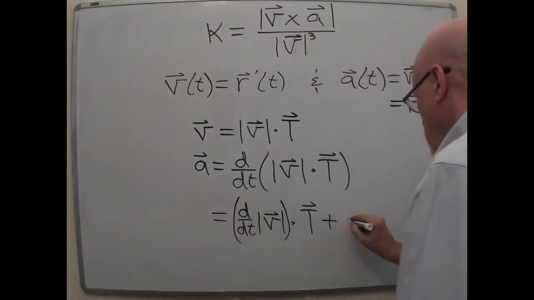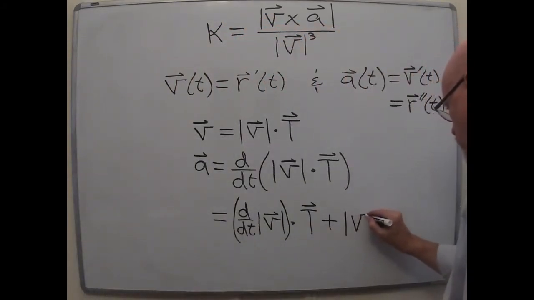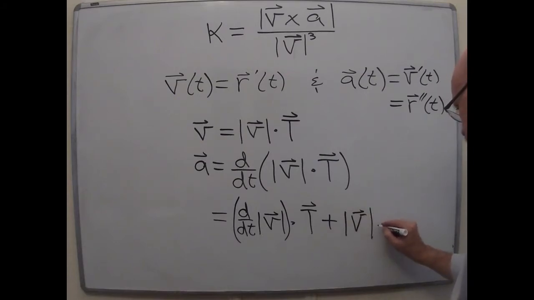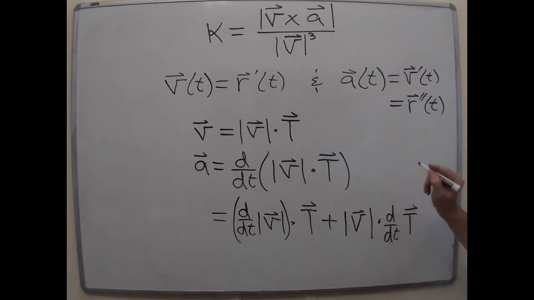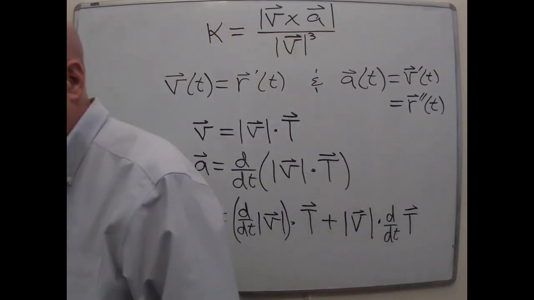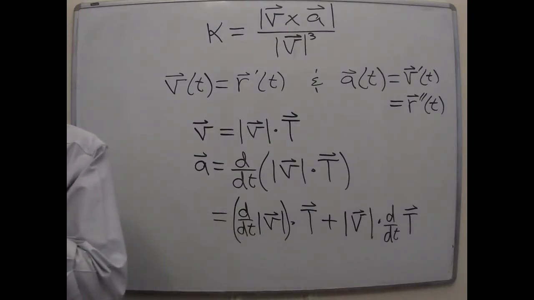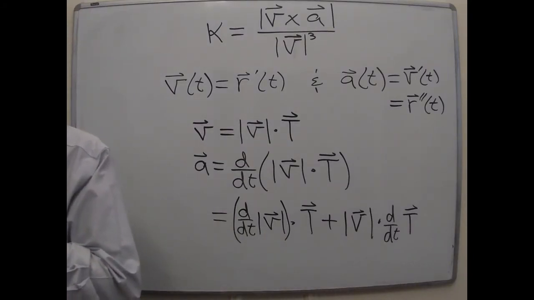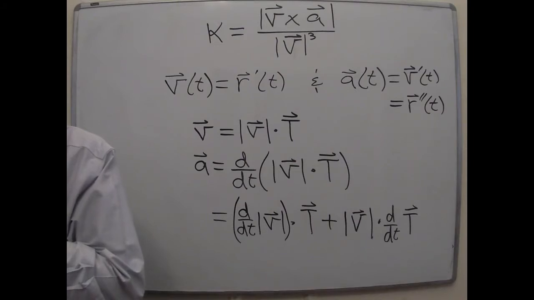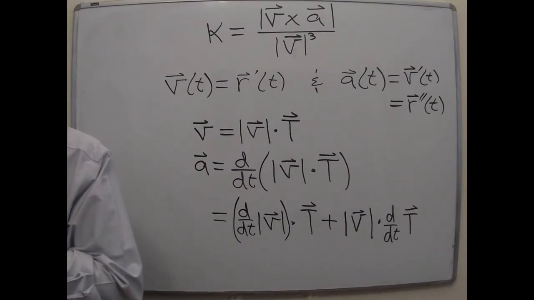Plus, leave the speed part unchanged and take the time derivative of t. Well, I guess that's okay. That's just an odd way to write a, I suppose.